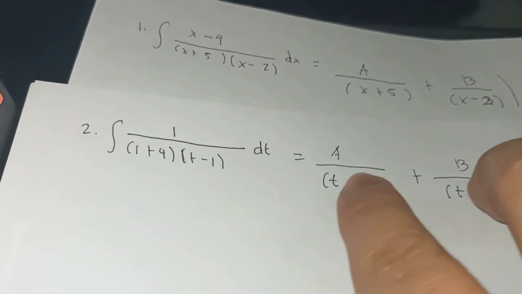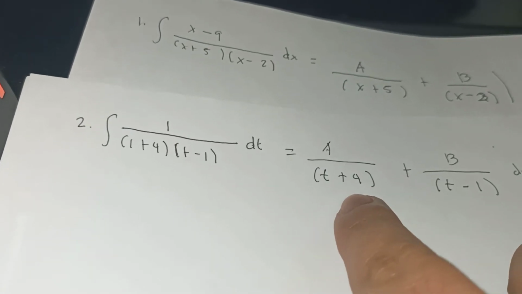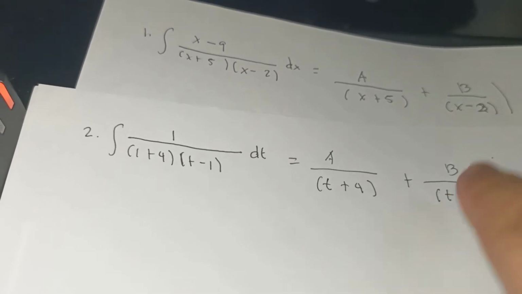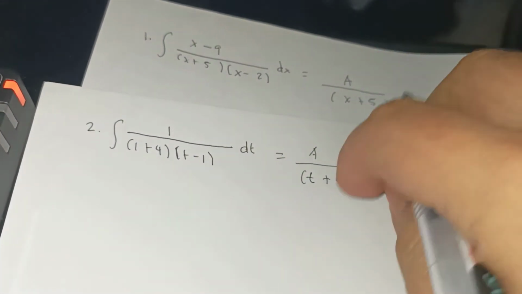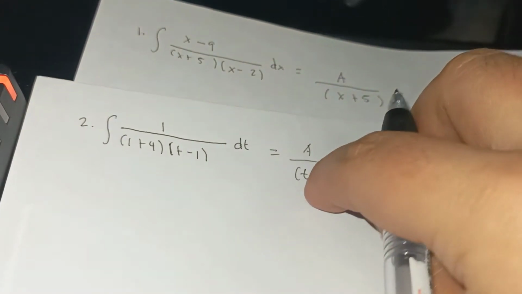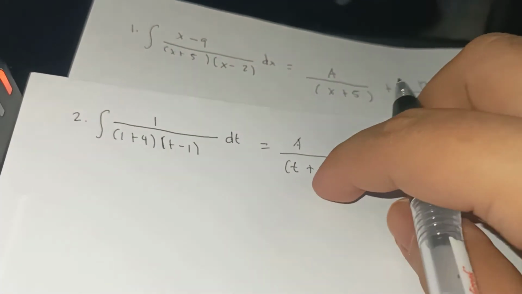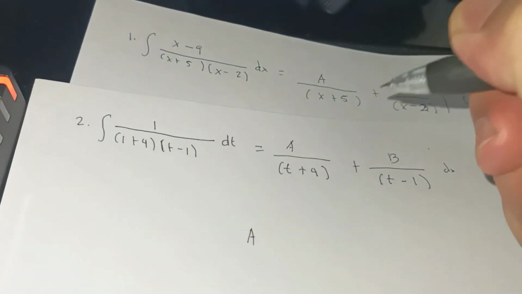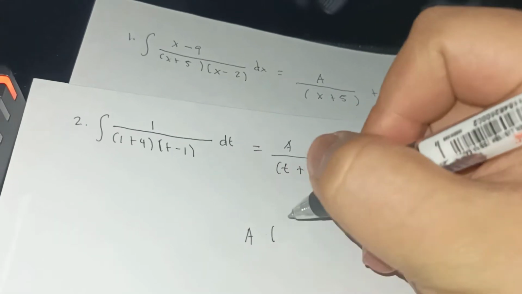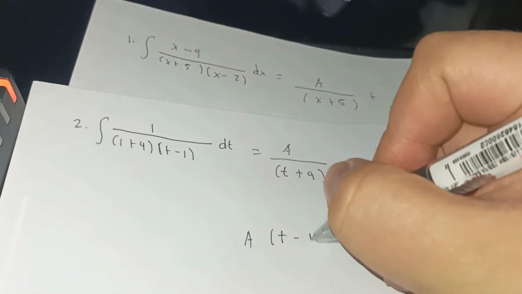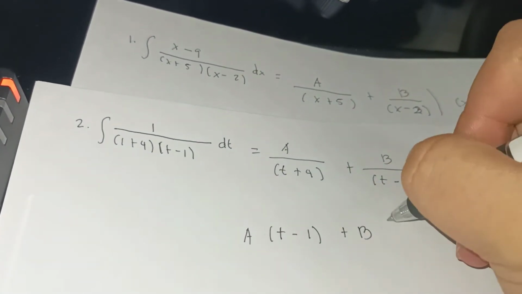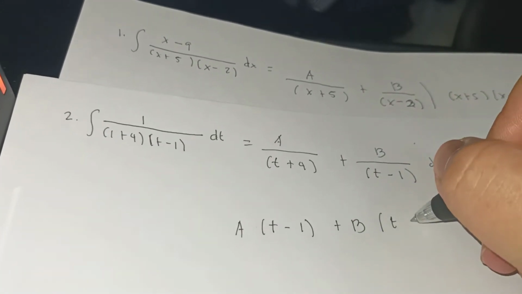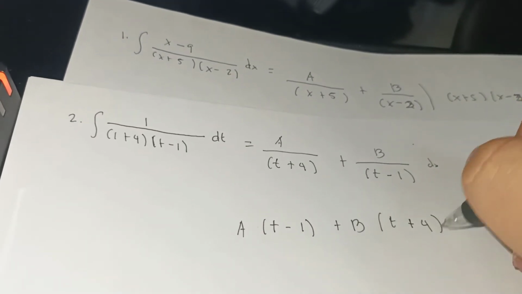So the first thing, t plus 4, and then t minus 1. If you place it here and look for something similar, you know it's t plus 4, so you have to cancel them, making A times t minus 1 plus B times t plus 4.